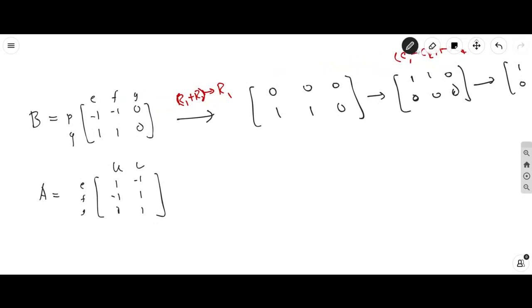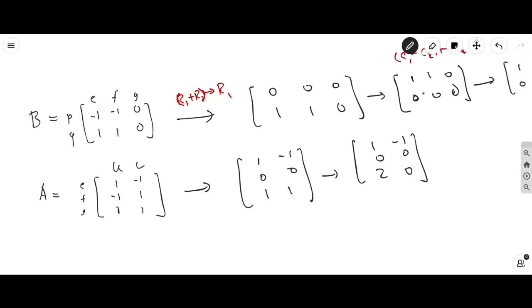For the A matrix, when you do Smith normal form, if you were to add first row to second row, you would have 1, -1, 0, 0, 1, 1. Okay, and now if you add first row to second row, 1, -1, 0, 0, and then you would have 2, 2, 0, like that.